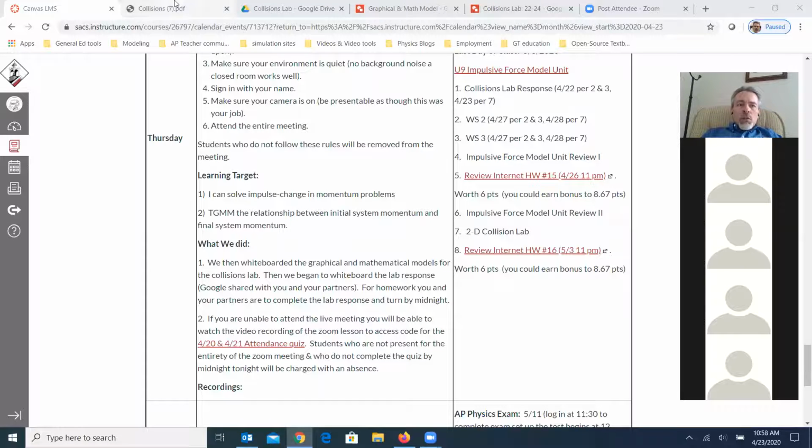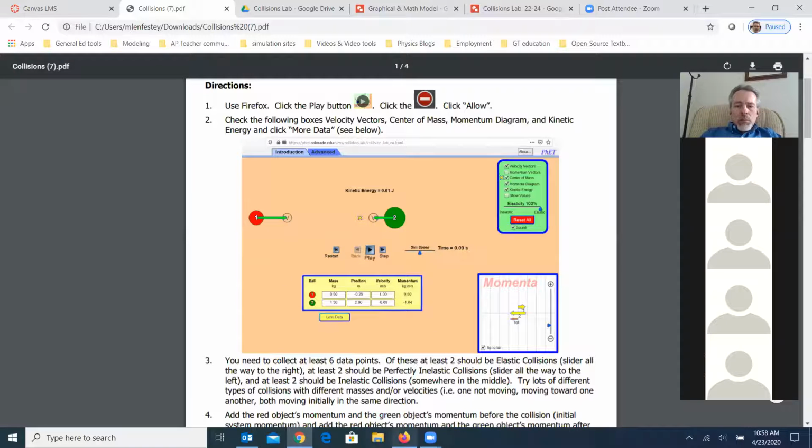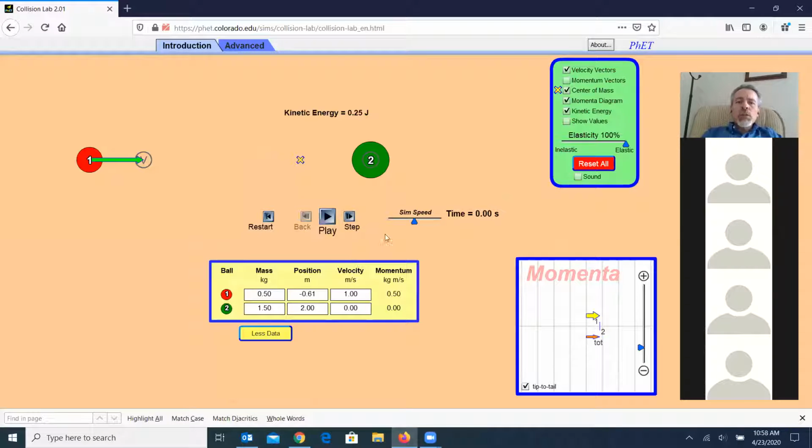Just to remind you what the lab that you were doing was, I've got it pulled up. You were supposed to do at least 6 collisions, and 2 of them were going to be elastic, so I want to show you an elastic collision.